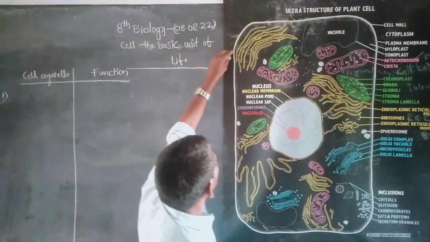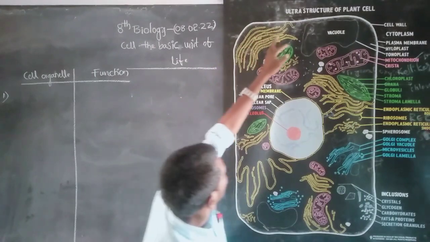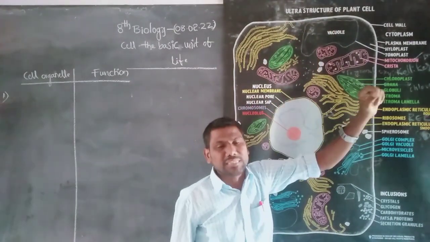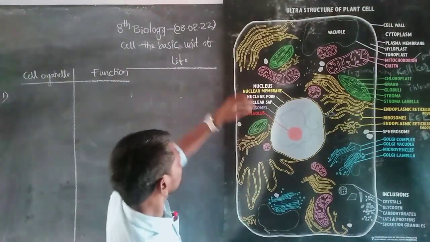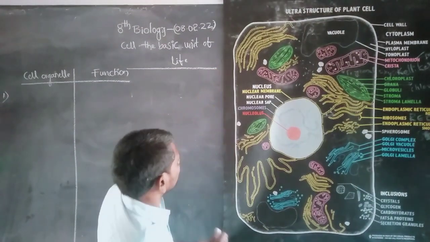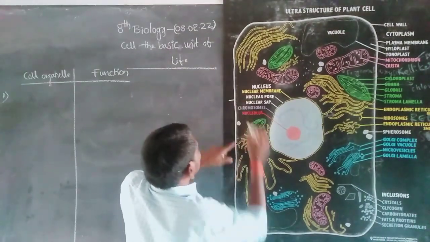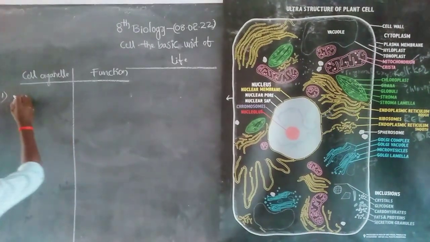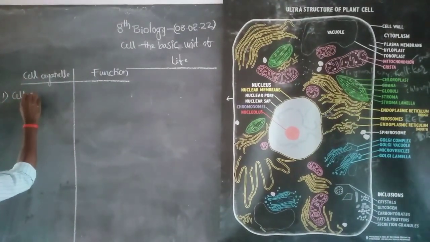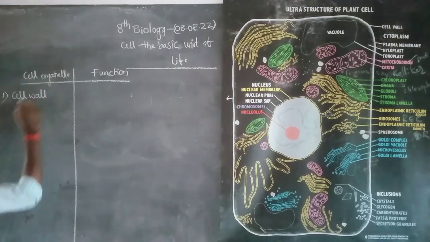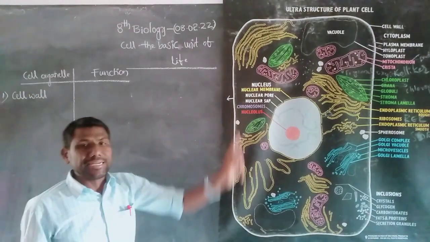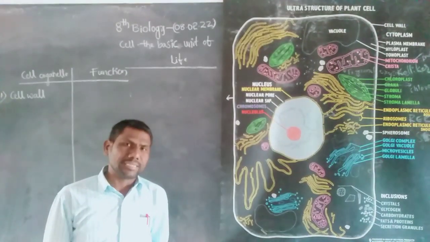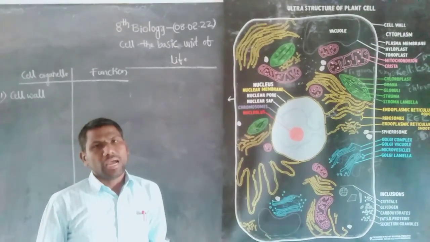What is this outermost layer? This is the outer structure of the plant cell diagram. Here, the outermost layer is the cell wall. This cell wall is only present in plant cell. It is absent in animal cell.